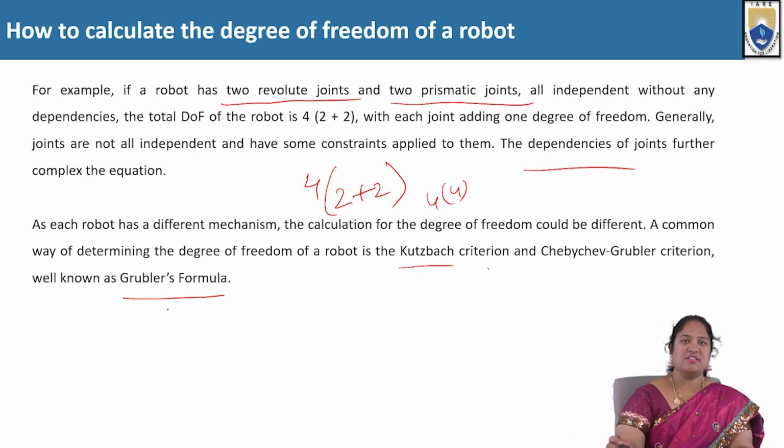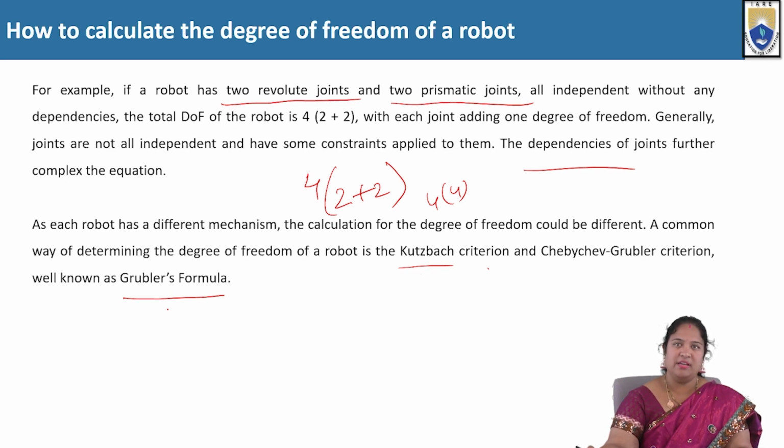With the help of this Grubler formula, we will be calculating the degree of freedom. We have considered one example where we had two revolute joints and two prismatic joints, each with its own independent joint movement, and we calculated the degree of freedom.